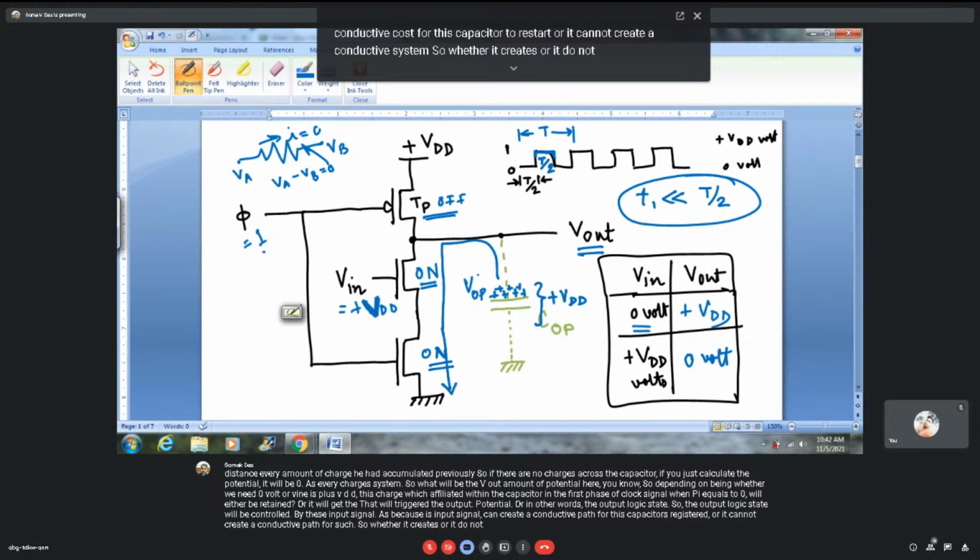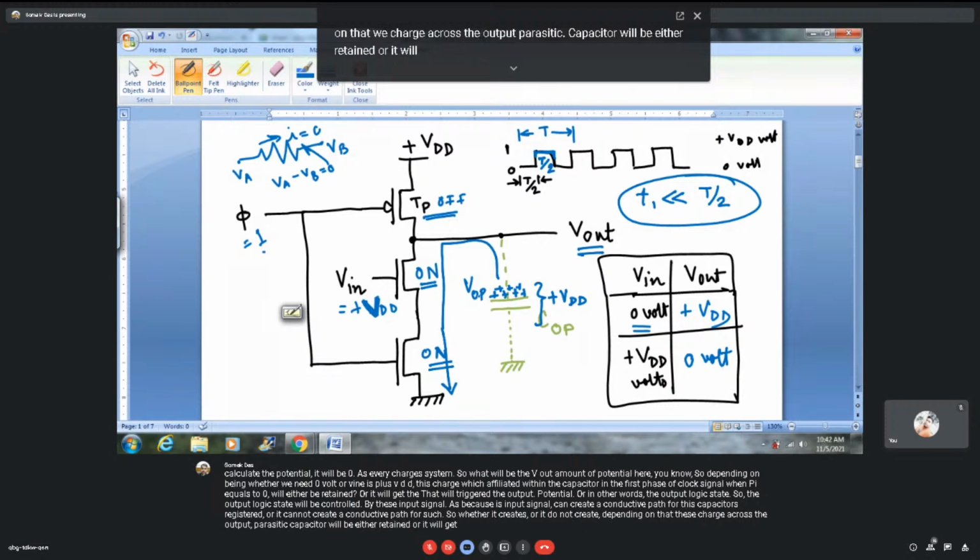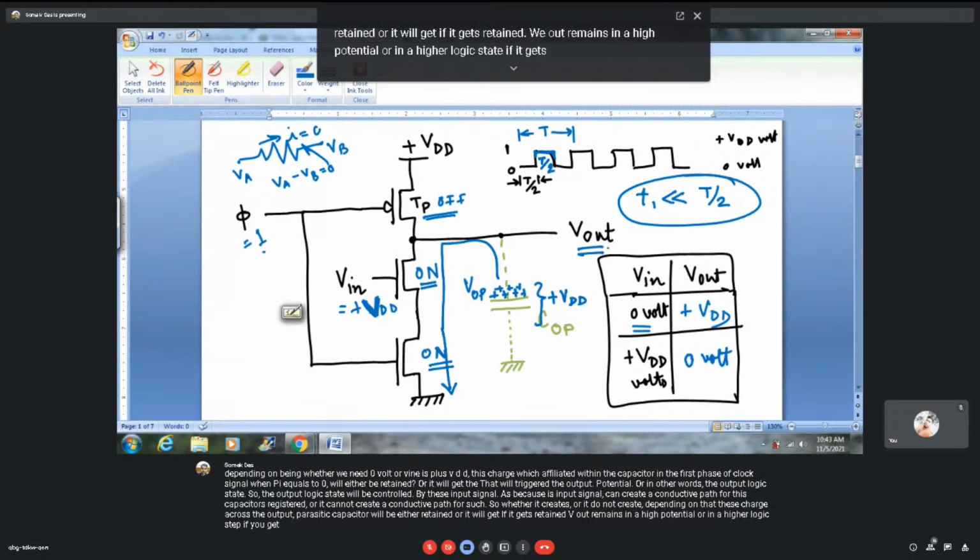Depending on that, the charge across the output node parasitic capacitor will be either retained or discharged. If it gets retained, Vout remains in a high logic state. If it gets discharged, Vout transits from a high logic state to a low logic state.